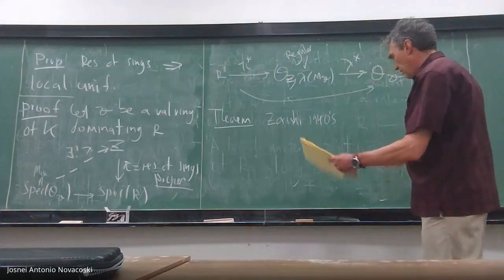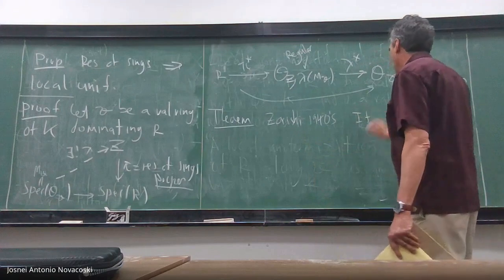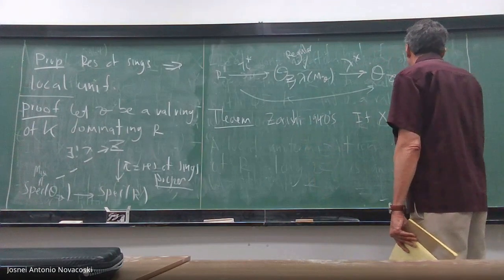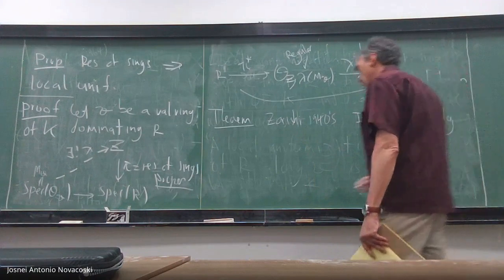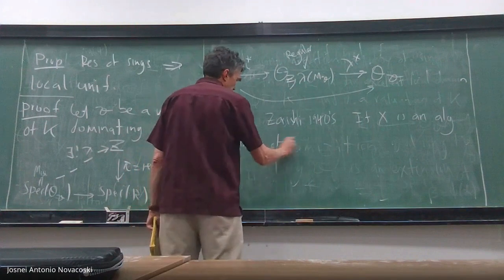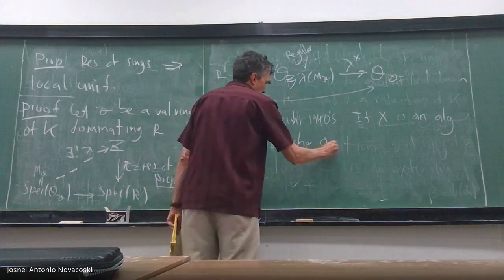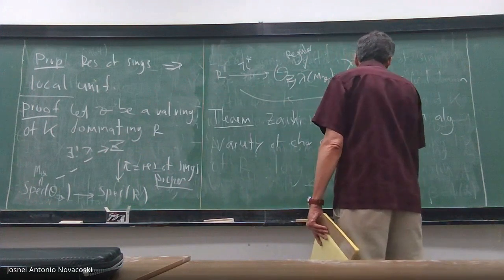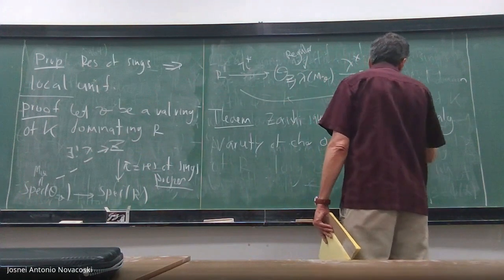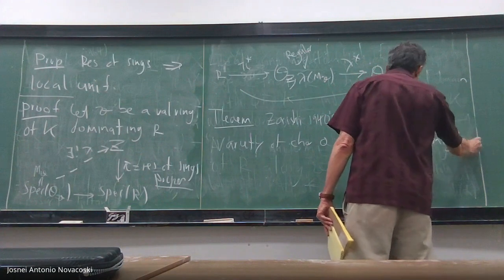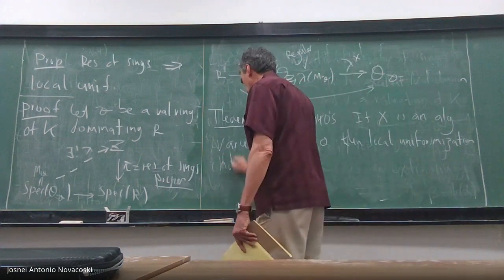It says that if X is an algebraic variety of characteristic 0, then local uniformization holds above X.